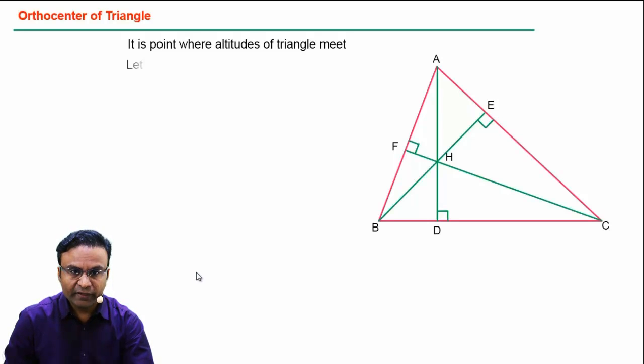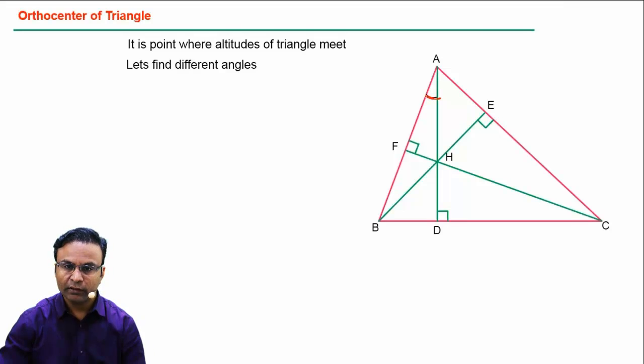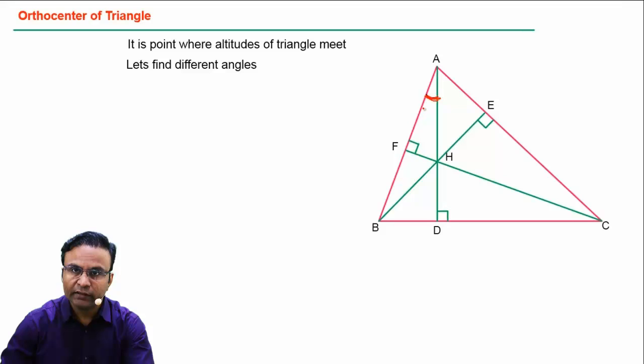Now, let's find some angles associated with this figure. First of all, consider this angle. How do you find this angle? To find this angle, we will check which triangles share this angle. One of the triangles is triangle AFH. But here we don't know what this angle is.